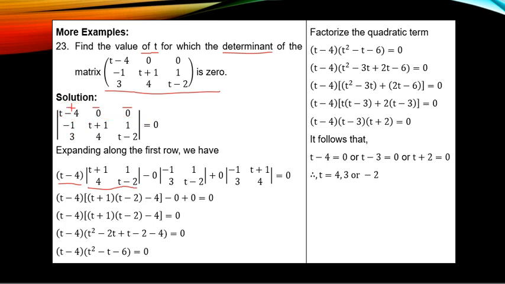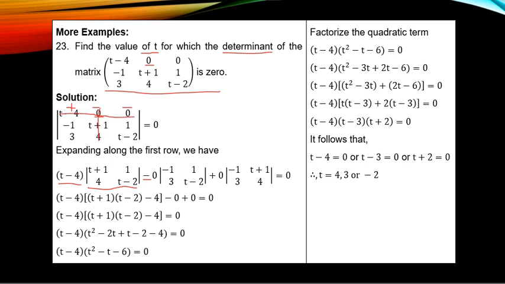We move to the second entry in the first row, that is 0. The checkerboard sign assigned to it is negative. Then you delete the entries in the first row, second column.